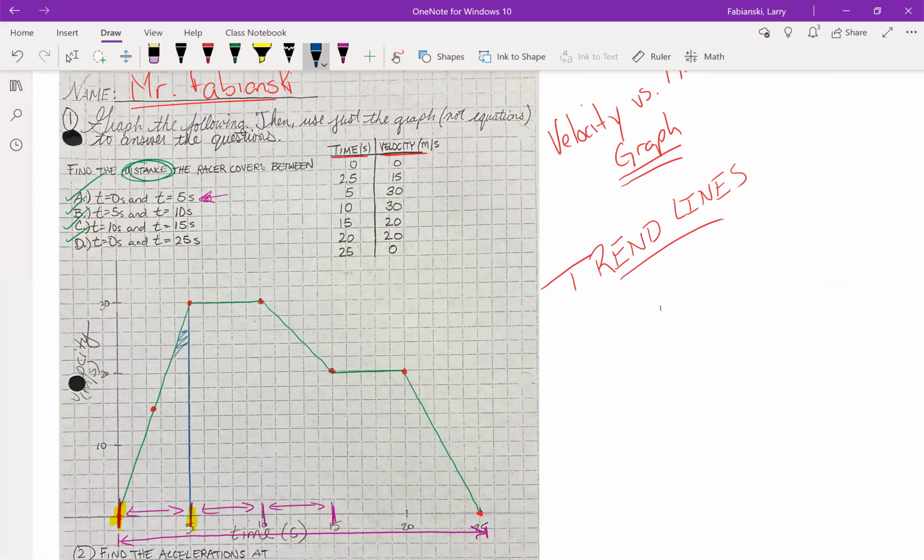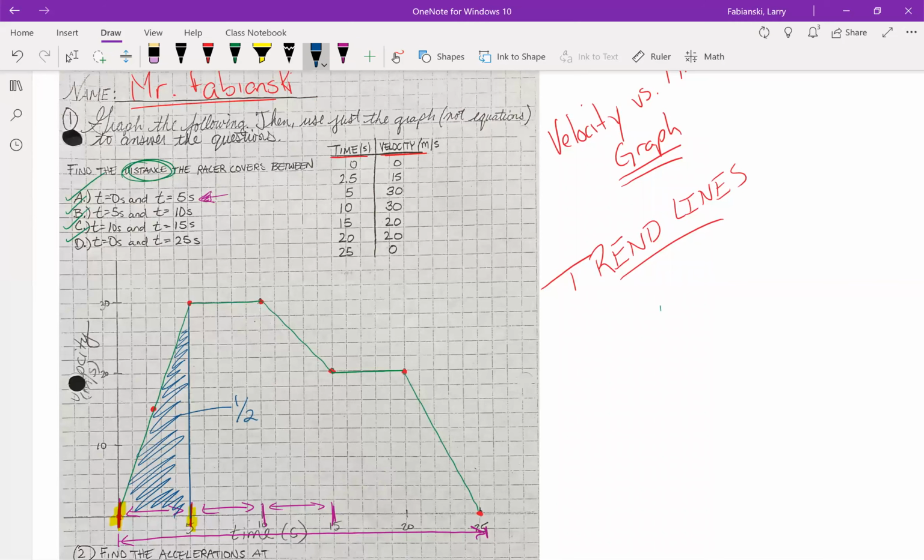And you can see what I'm now going to do is find the area under the curve. And remember, under the curve means under the line and always to the x-axis. So if we had something below the x-axis, we're still looking under the curve, but now we're working up to the x. So in order to find the distance, we need to find the area of this shape right here. It is a triangle.